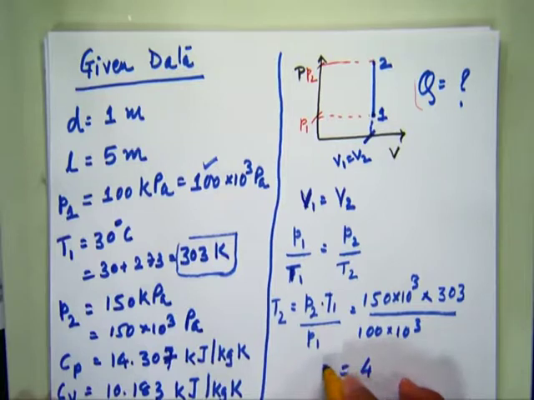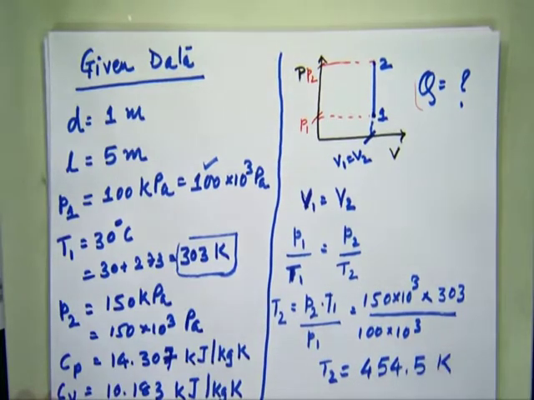This gives you T2 is equal to 454.5 Kelvin.